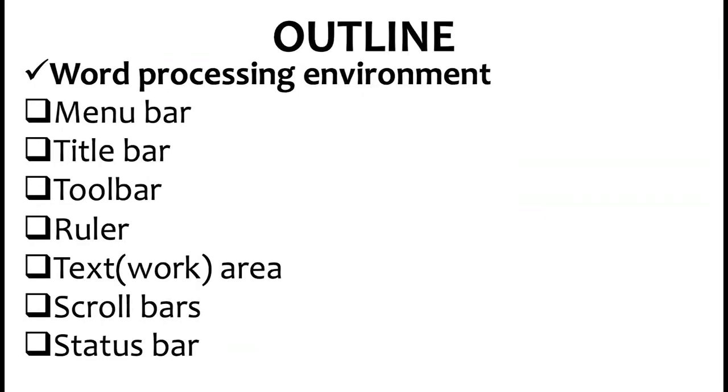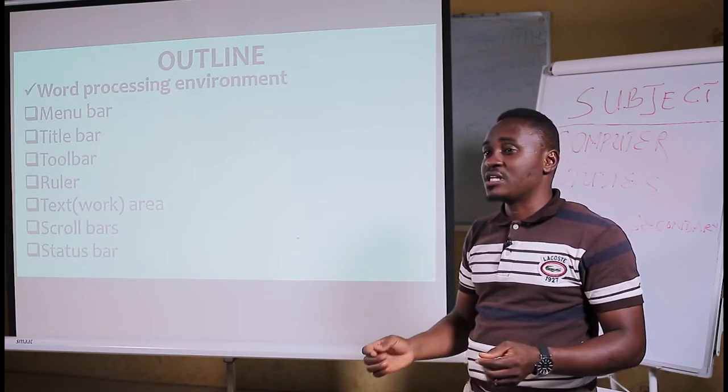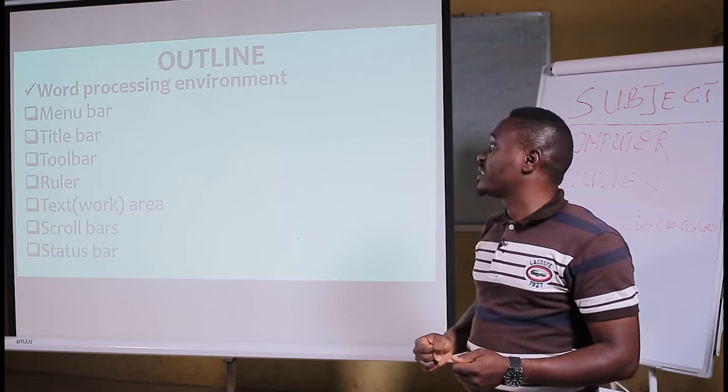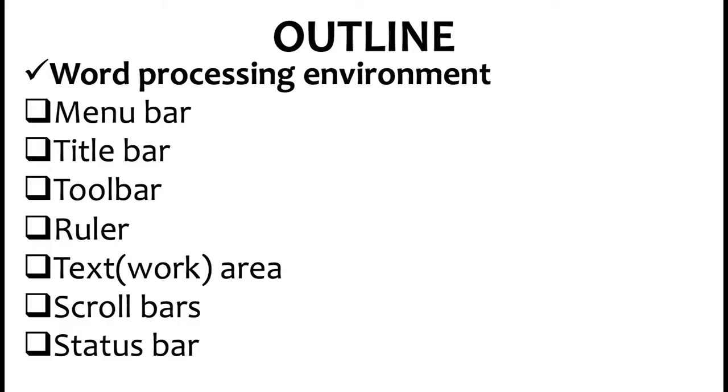So we're going to be seeing the word processing environment. Just like I said, we're using Microsoft Word from the Microsoft Office as a typical example. Then in the Microsoft Word environment, we'll be seeing features like the menu bar, the title bar, the toolbar, the ruler, the text, that's the work area, the scroll bars, and the status bar.